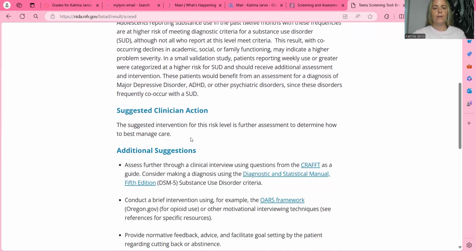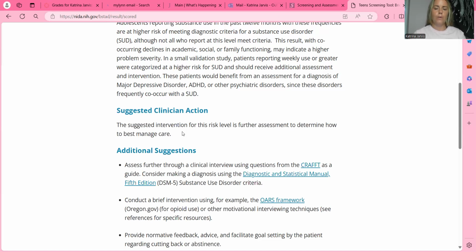So here we scroll down, and where it's more significant is suggested clinician action. So we want to further assess to determine how to best manage care with this person.